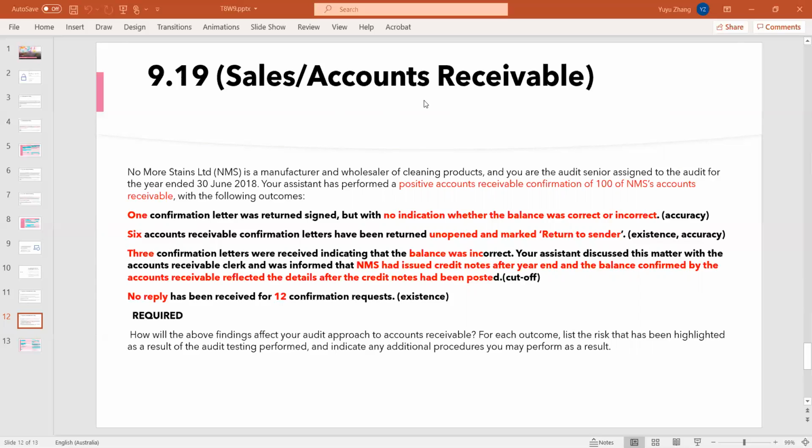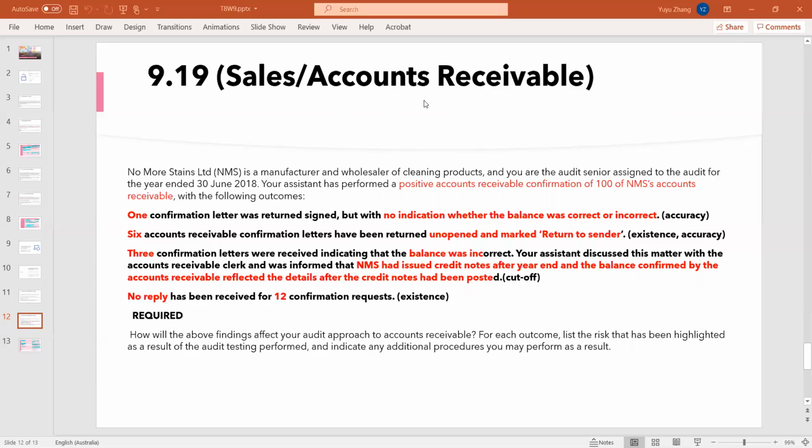Second, 6 accounts receivable confirmations have been returned unopened and marked return to sender. So from this outcome, you would wonder, do those debtors exist or not? Are they real accounts receivables or not? So here you doubt the existence and accuracy assertions, right?